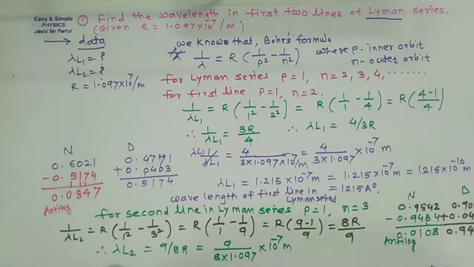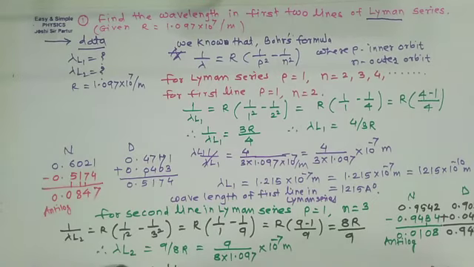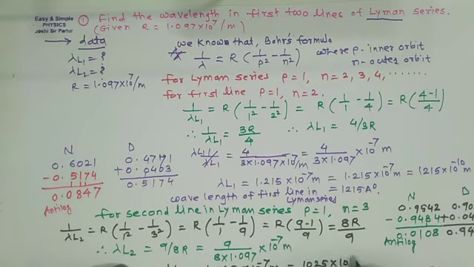So here we can say that lambda L2 is equal to 1.025 into 10 to the power minus 7 meter, means 1025 into 10 raised to minus 10 meters.